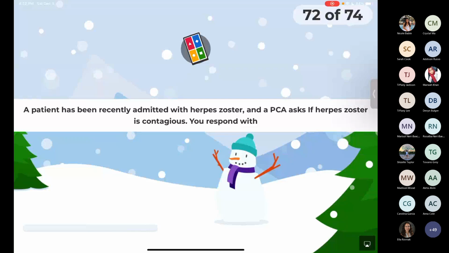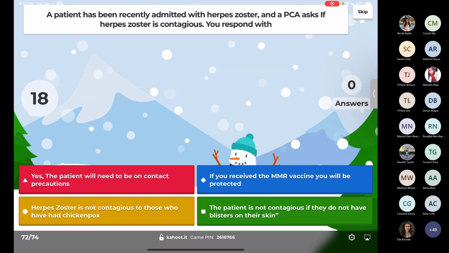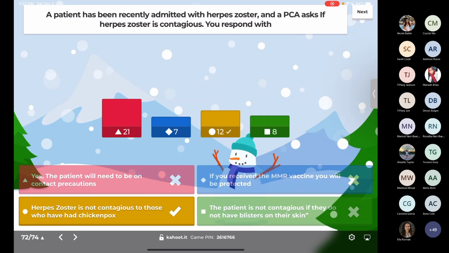A patient has been recently admitted with herpes zoster, and a patient care assistant asks if herpes zoster is contagious. You respond with... Good job, guys.